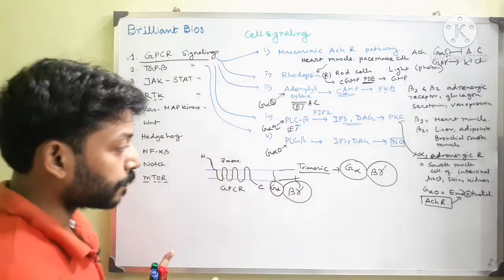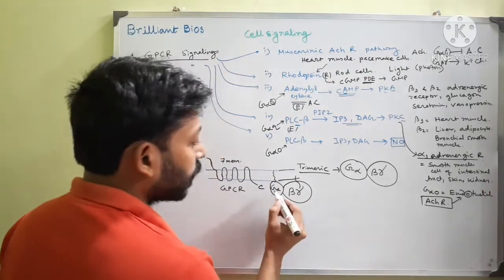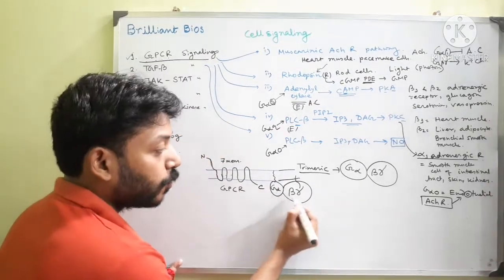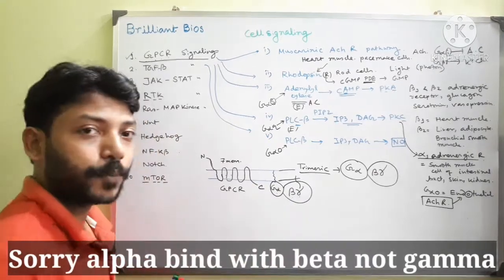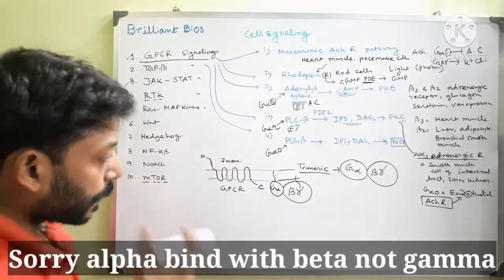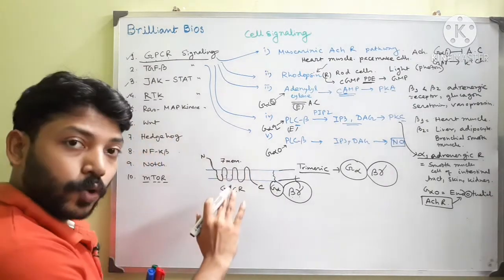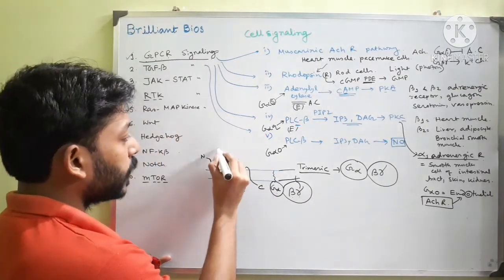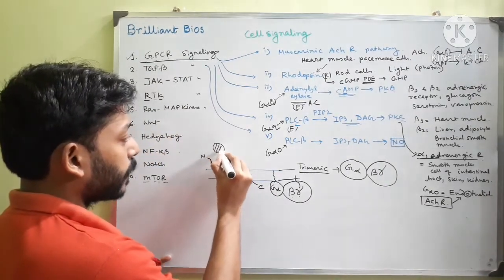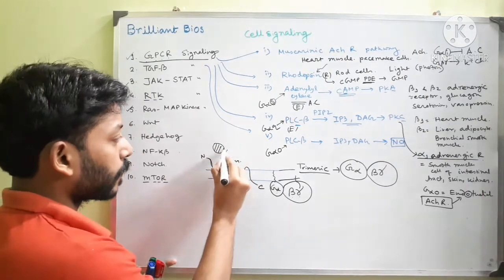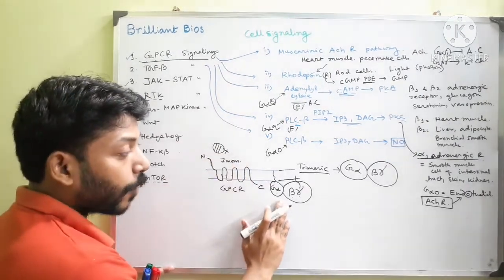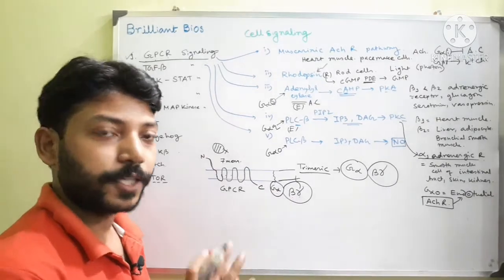Another thing is that this G alpha protein interacts with the gamma protein, not with the beta protein. Now, when there is no ligand bound with this receptor, this trimeric protein remains together.